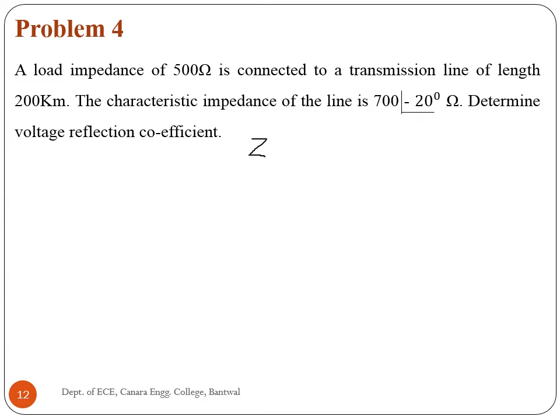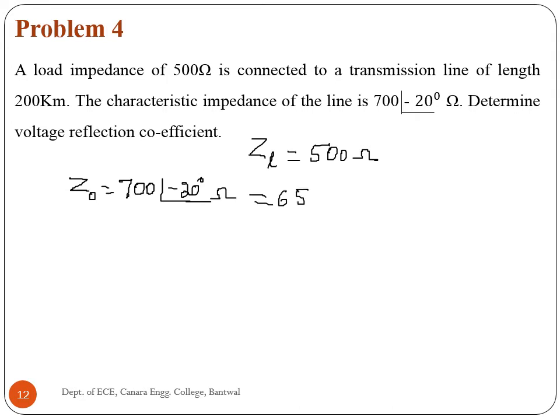Given ZL is equal to 500 ohm, Z0 is equal to 700 angle minus 20 degree ohm, which is equal to 657.78 minus J 239.41 in the rectangular form.